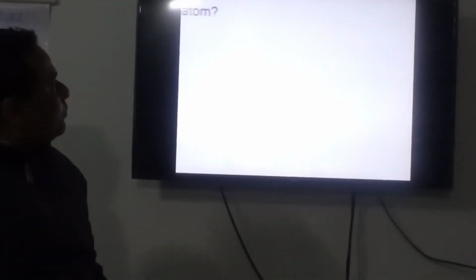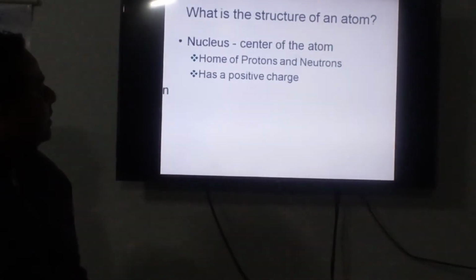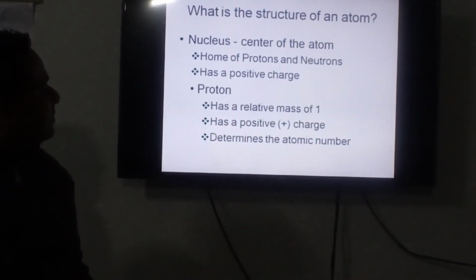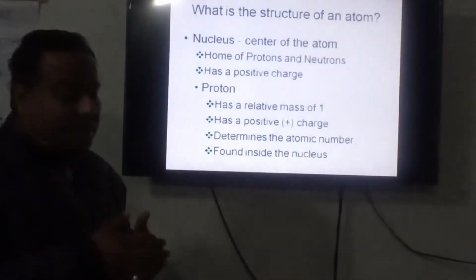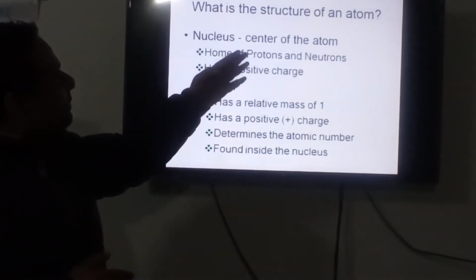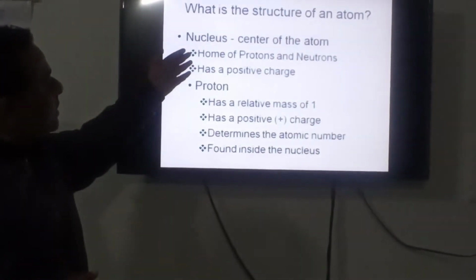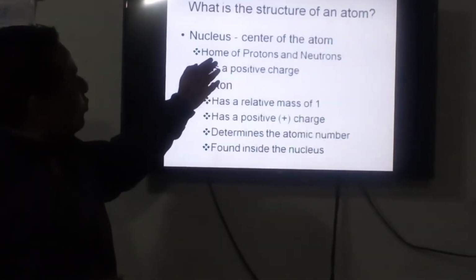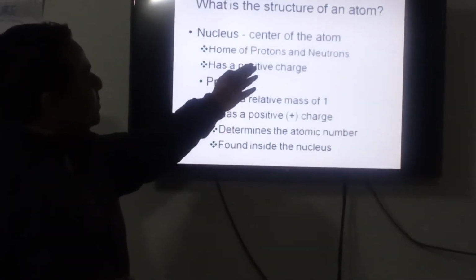Next we move further to see the structure of an atom. The atom consists of the nucleus, which is the center of the atom and home to protons and neutrons.